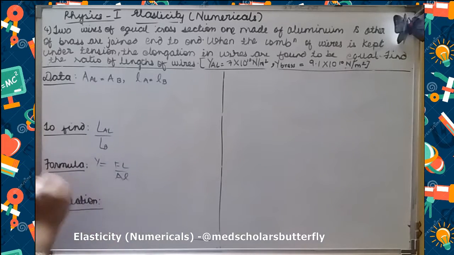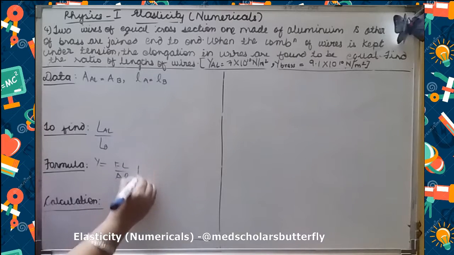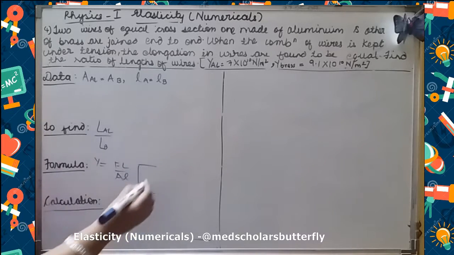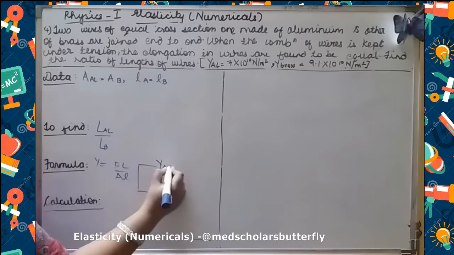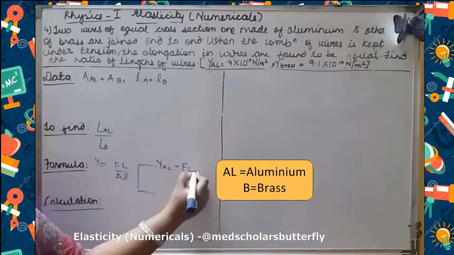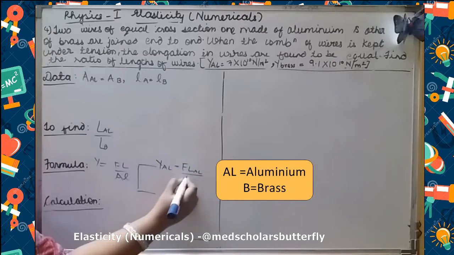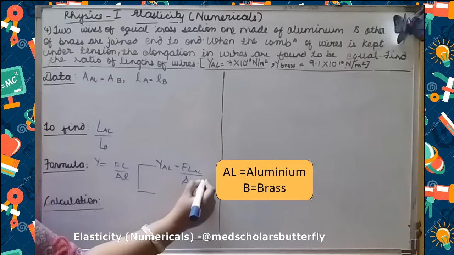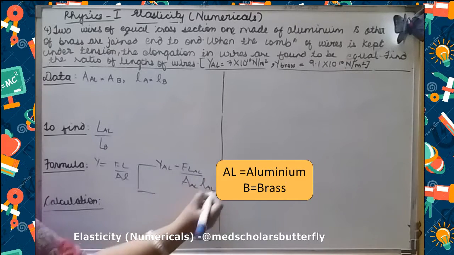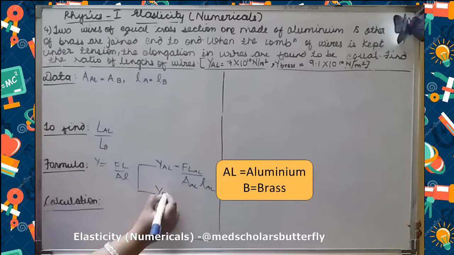Then we have two wires, so that means we will have two formulas, that is Y_A is equal to F L_A upon A l_A, and the second one would be Y_B is equal to F L_B upon A l_B.